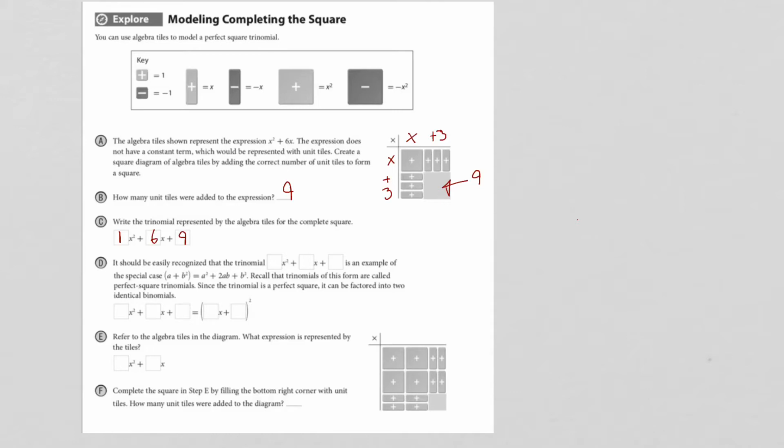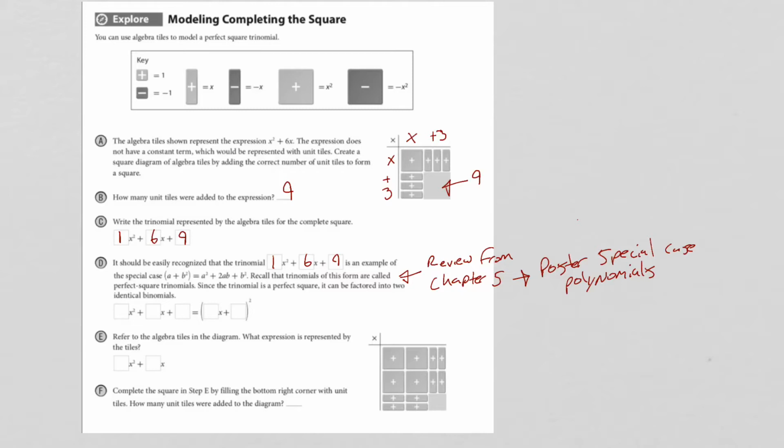So this is a trinomial, which is an example of the special case, which is technically a review from chapter 5. It's also on a poster that I kept referring to the past week or so, special case polynomials, up on the wall.